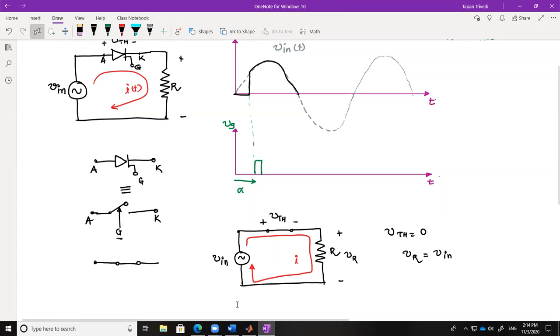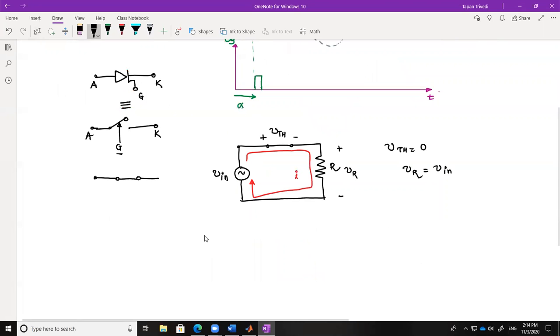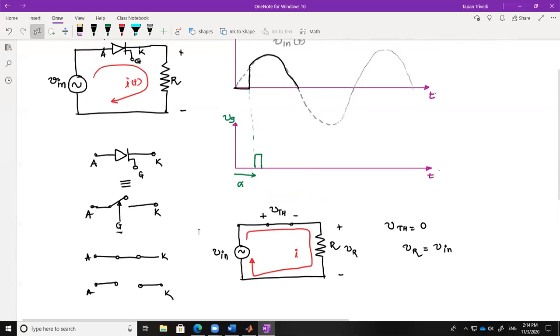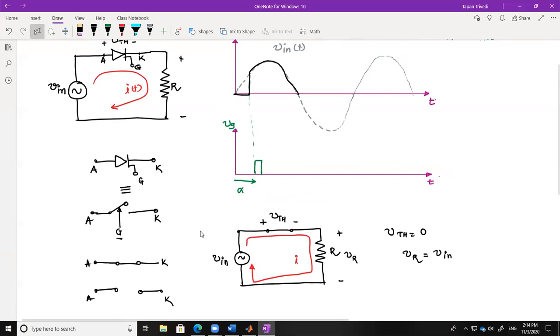Now when the voltage is negative, at that time the device acts as an open circuit. Remember, when the voltage is negative, that means there is no current flowing. I can draw the current here.